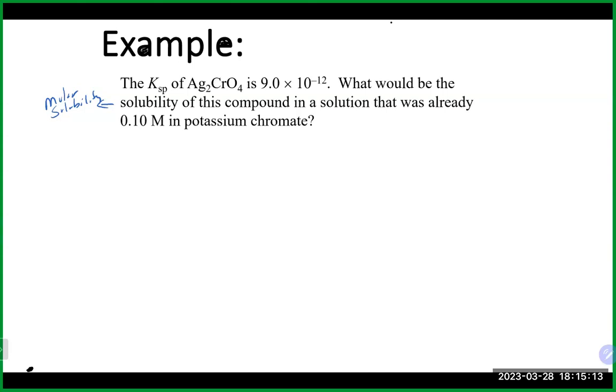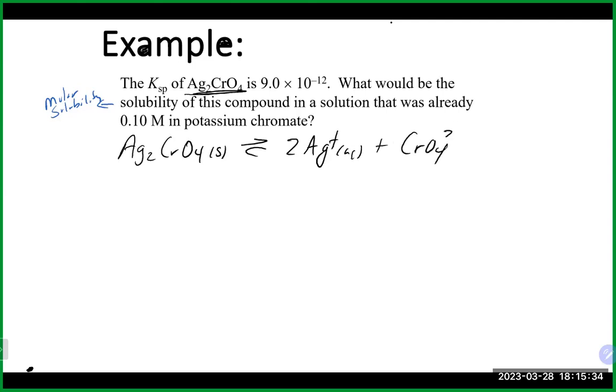Okay, let's take a look. So we have the KSP as silver chromate. So we know that really is the thing that's going to set up the equilibrium. So we'll start with our silver chromate here. We're going to break it apart. In this case, we will get 2 silvers and a chromate here.